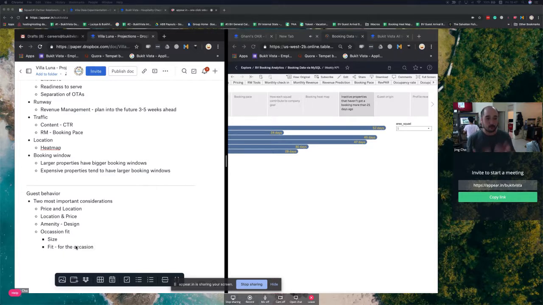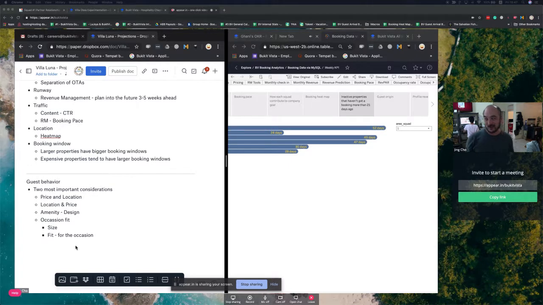You probably might book something different if you're with your family, than with your friends, than with whatever. So that fit is also fairly important. But once again, can we change that as an owner? A little bit. You can go from, say, a multi-bedroom villa, and just sell it individually, right? That's one way. So you can kind of toy around with the fit again, but there's not too much you can do.